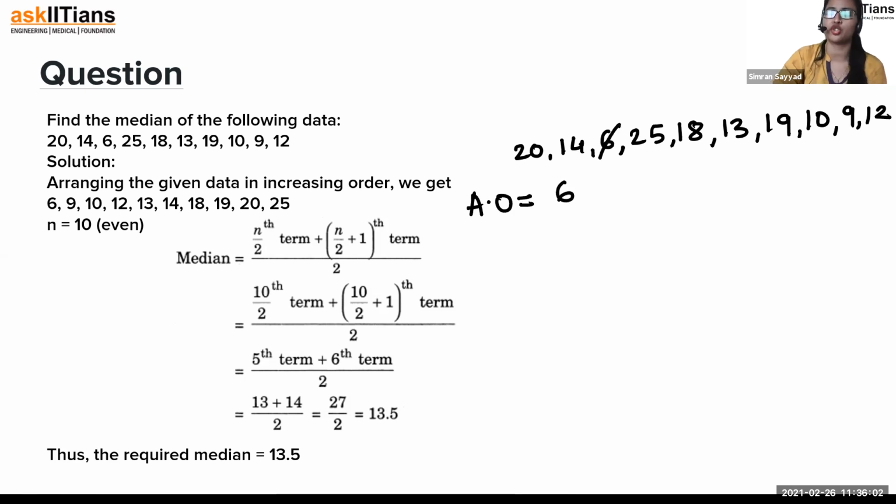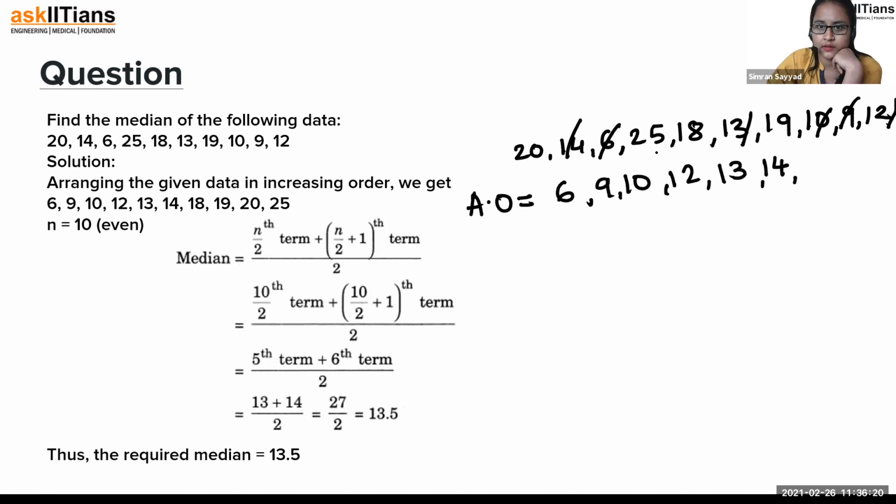To avoid confusion, जो आप mark कर लेते हो ना, उसको cross कर लो. 6, then 9, then 10. 11 नहीं है, 12, 13, 14, 15, 16, then 18, 20, 25. I forgot 19. So you have a 19.